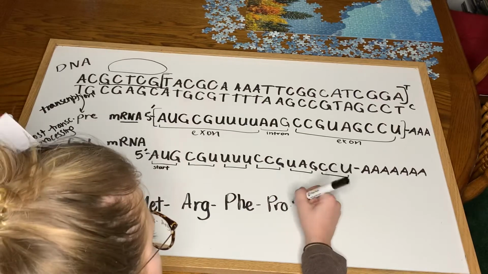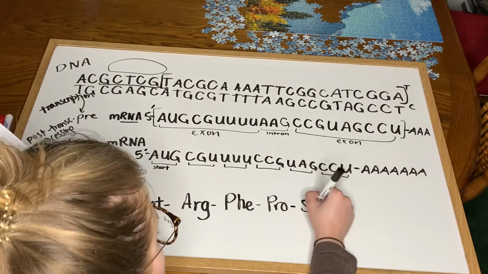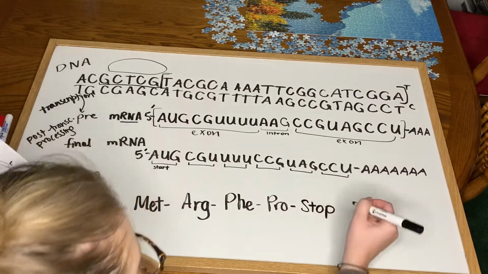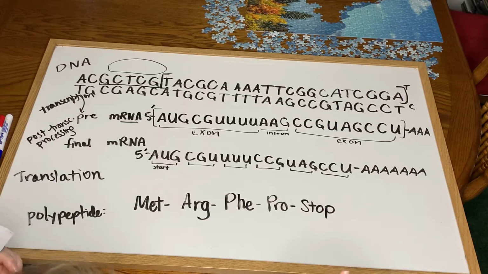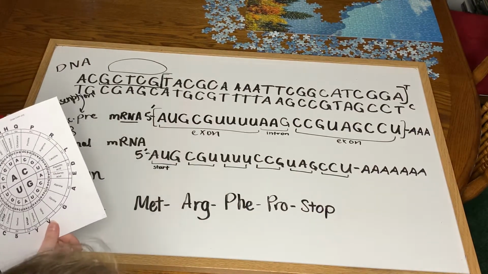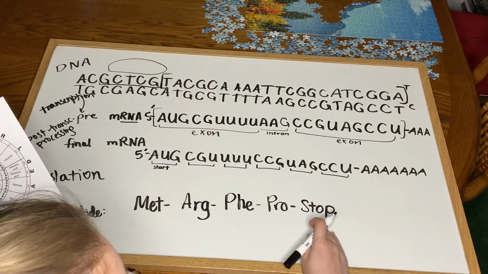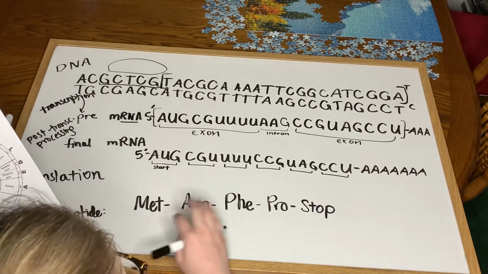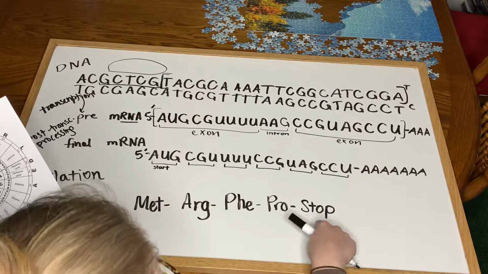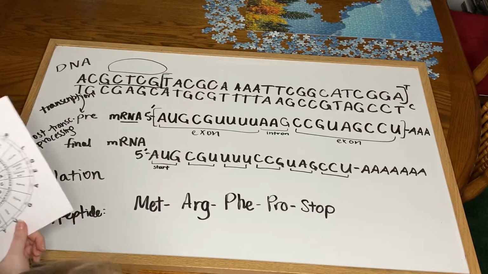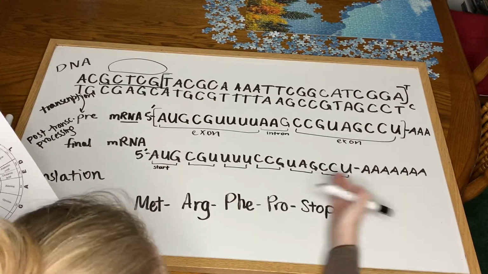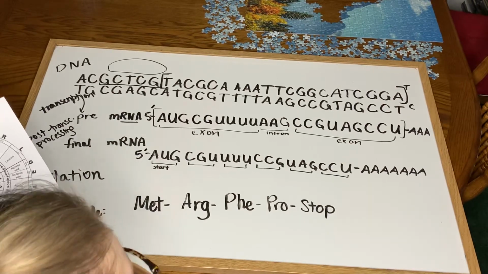But if you just for yourself want to write stop, that's okay, okay? Just know that if you go on to other science classes, this might be considered incorrect because it is misleading. It makes it look like there are 1, 2, 3, 4, 5 amino acids in this chain when really there's nothing here, okay?